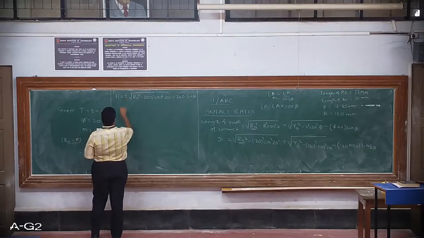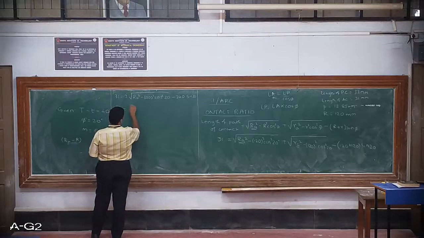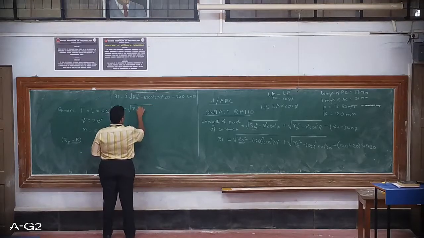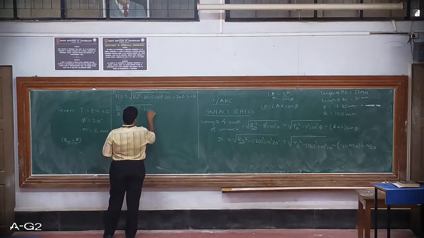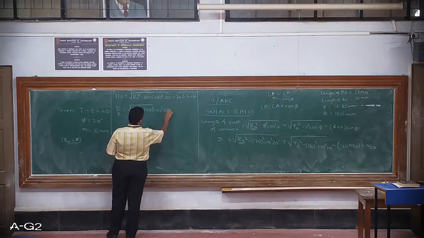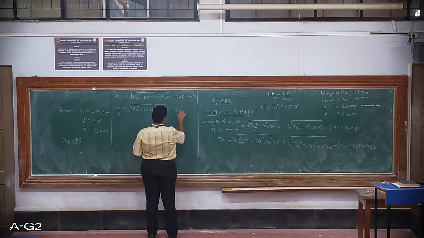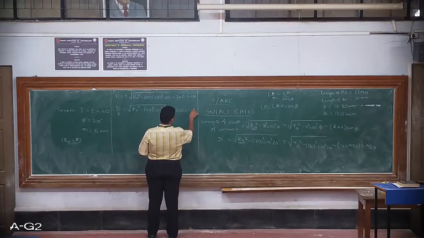So this 2 I'll take down: 31 divided by 2 is equal to root of RA square minus 120 square cos square 20, minus 240 sine 20.